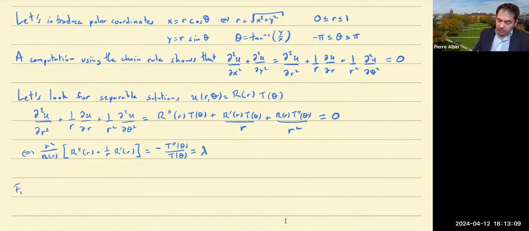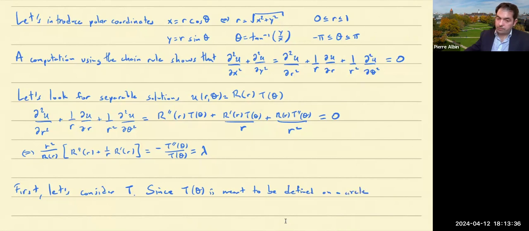Okay, so first let's consider the equation for capital T. Since capital T of theta is meant to be defined on a circle, it needs to be periodic.